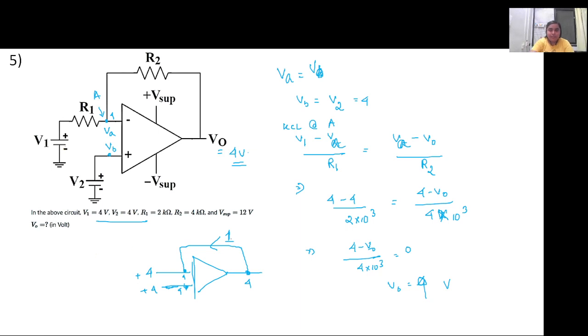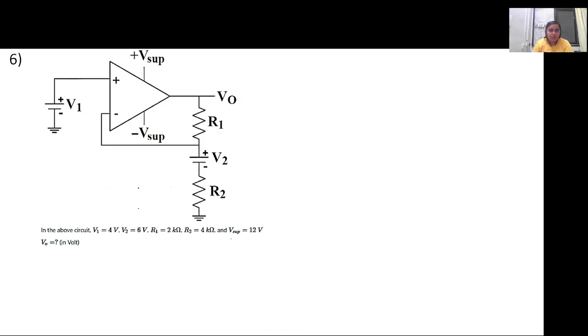Okay, so let's move to the next question. In this case again, this particular voltage is V1, so we will get V1 here. So what will be the node voltage here? 4 volts.